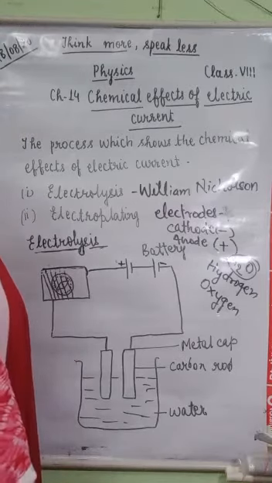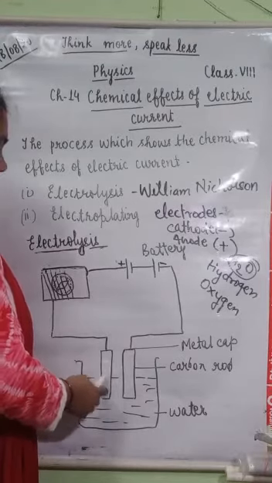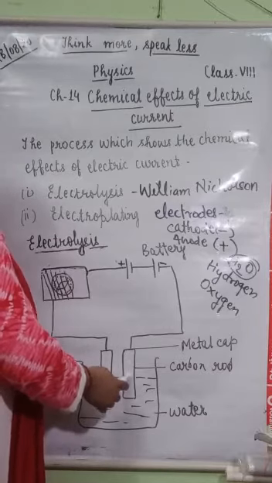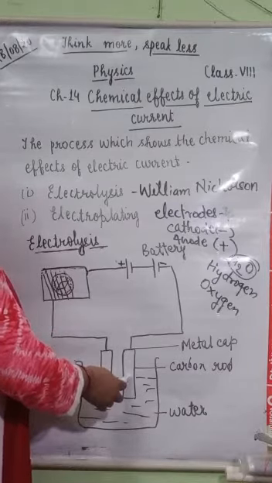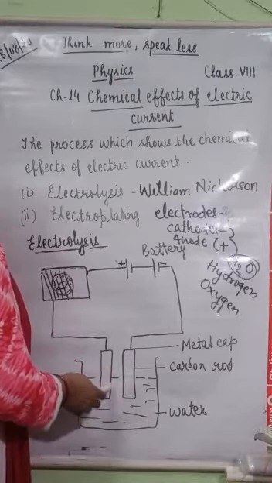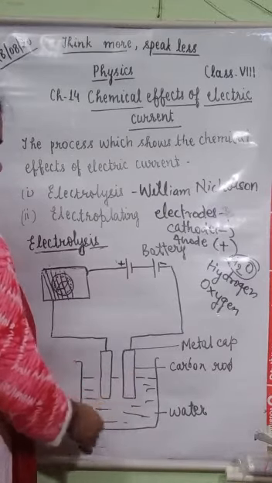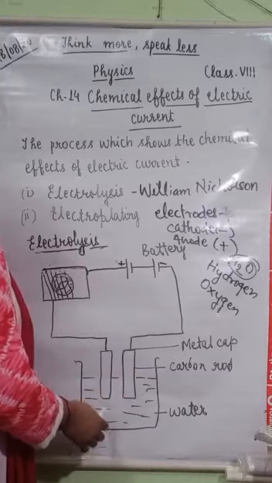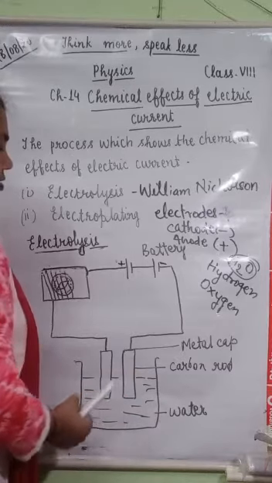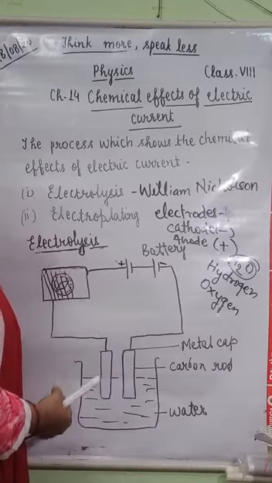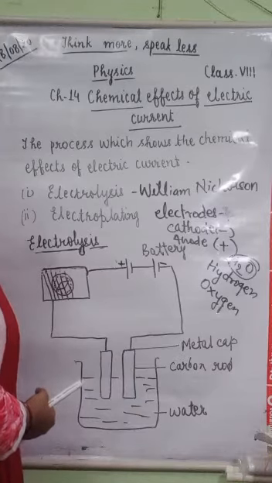The carbon rods are called electrodes. Now dip these carbon rods in a beaker containing water, and add a pinch of salt that makes it more conducting.